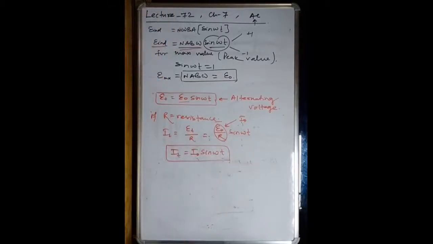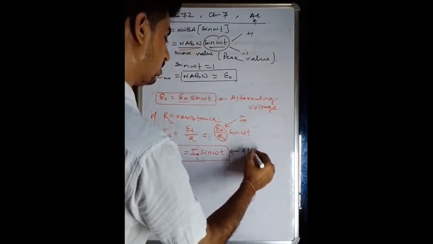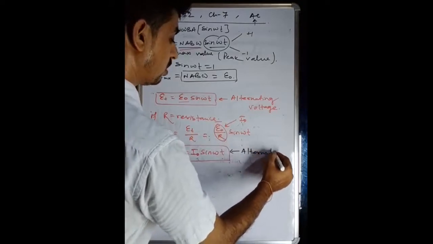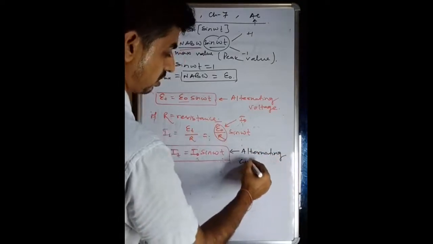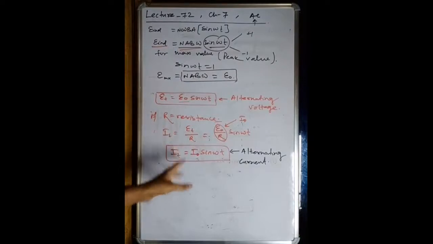When we consider the resistance of the coil as R, then this will be the instantaneous current, and this is called the alternating current. We will try to see this particular thing over the graph as well, but this one is very important, my dear students, to think.